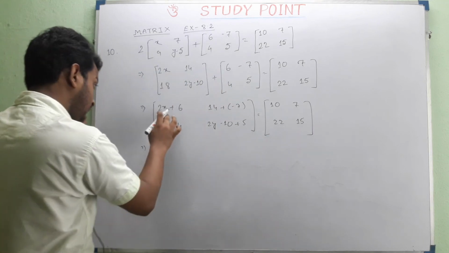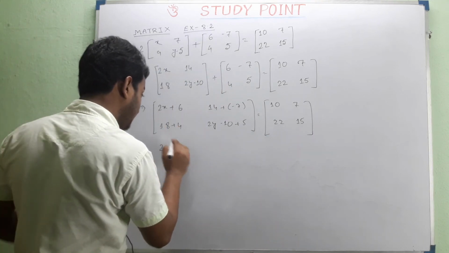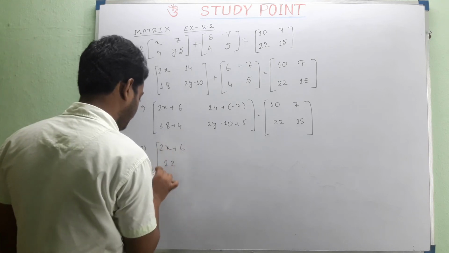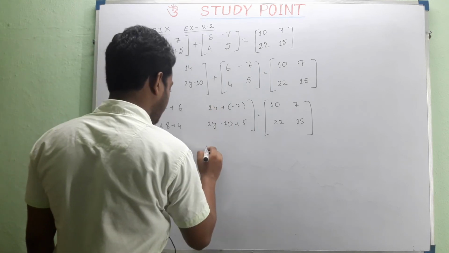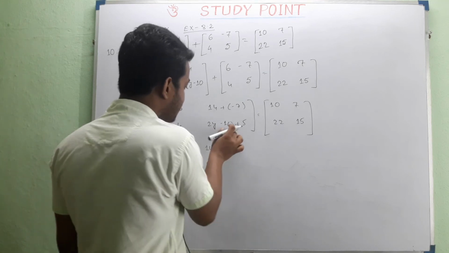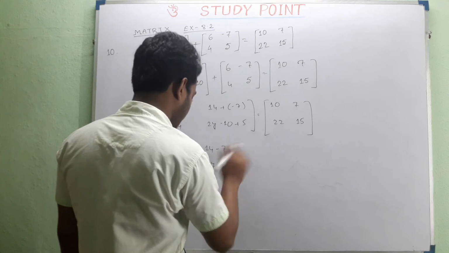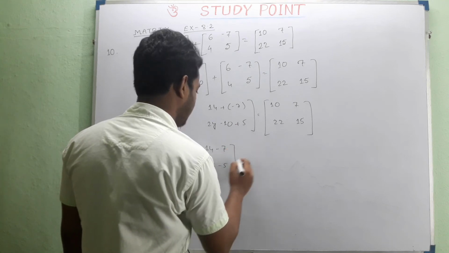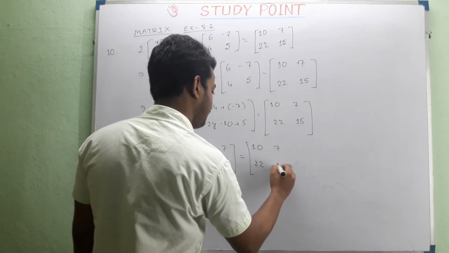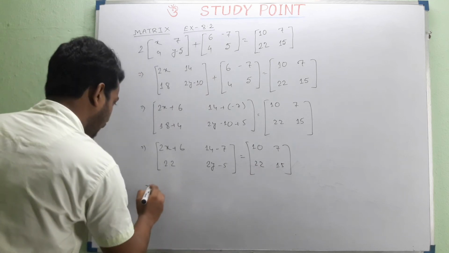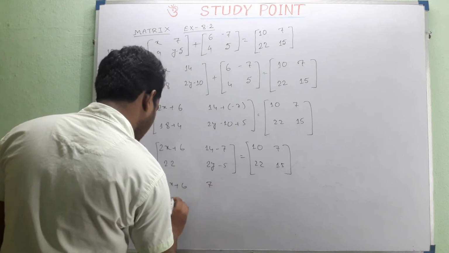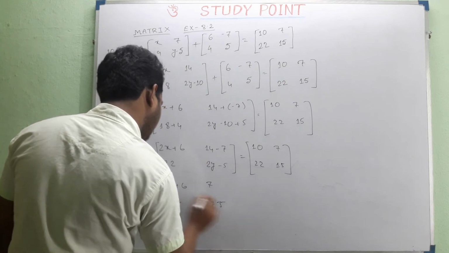Now from here it will be 2x plus 6 only, 18 plus 4 is 22. Here this is 14, plus into minus it will be minus 7, and here it is 2y, but here it is minus 10 and plus 5. So after the calculation the term will be minus 5 only. And write the matrix on the right hand side. After this, one more calculation we have to do: 14 minus 7 is 7, 22 and 2y minus 5.